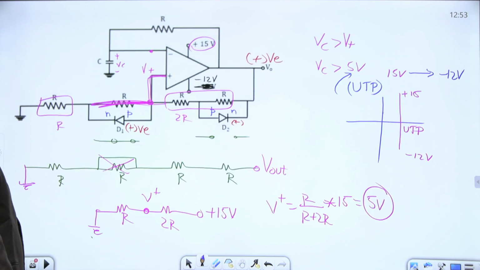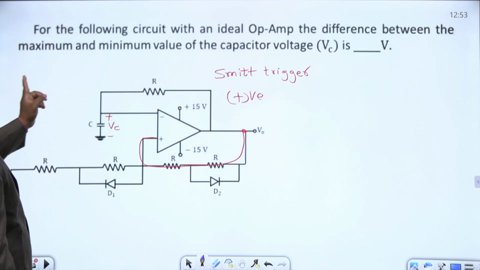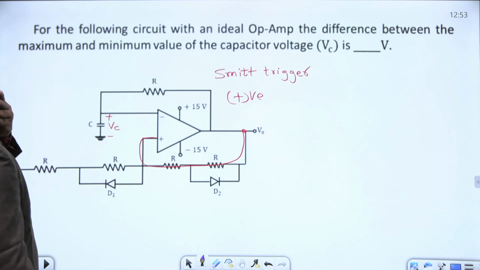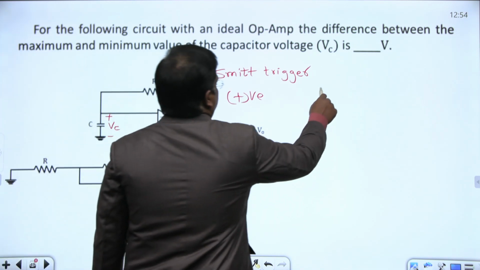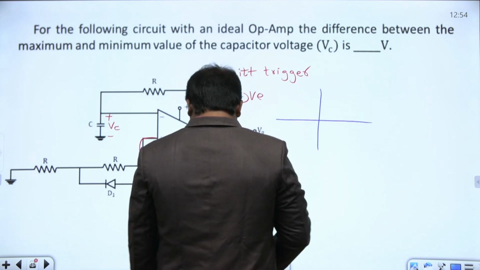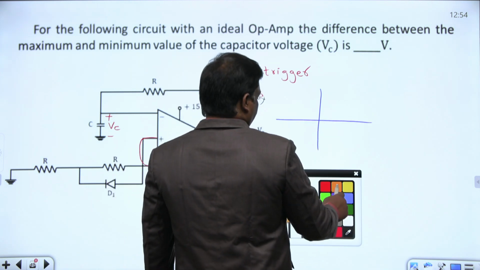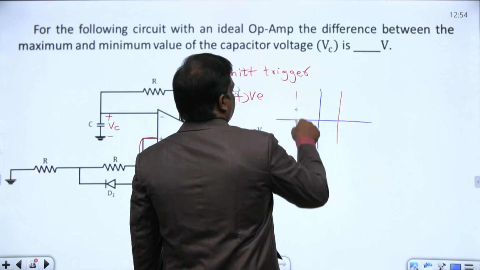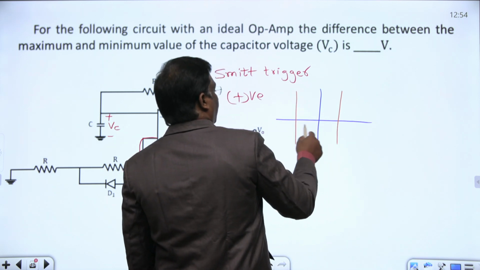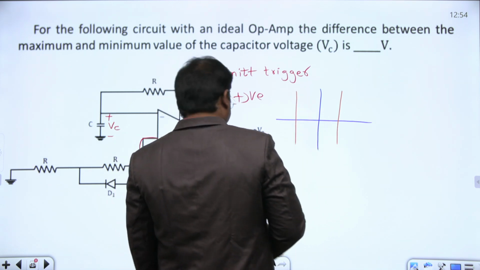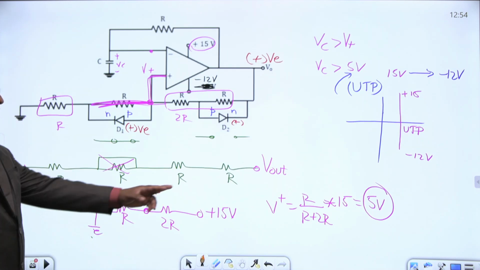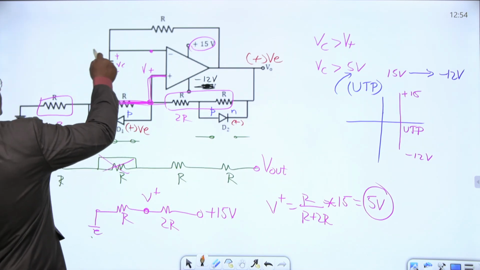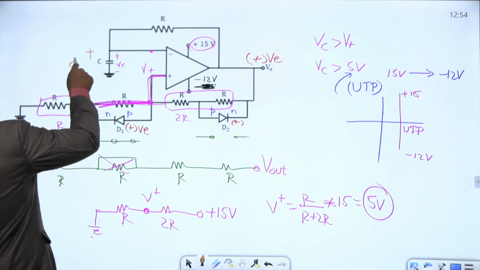If you come back to this question, for the circuit shown with an ideal amp, the difference between the maximum and minimum values of the capacitor voltage, they are asking about the capacitor voltage. Right now we found V plus, V minus, and try to answer this question. What is the voltage here? 5 volts here, the capacitor voltage charged to 5 volts in this case.